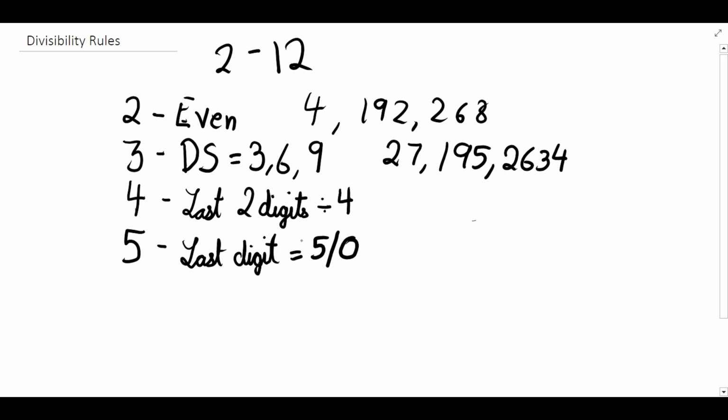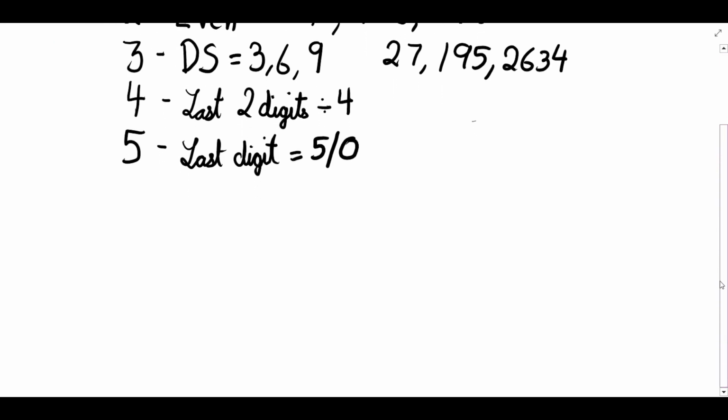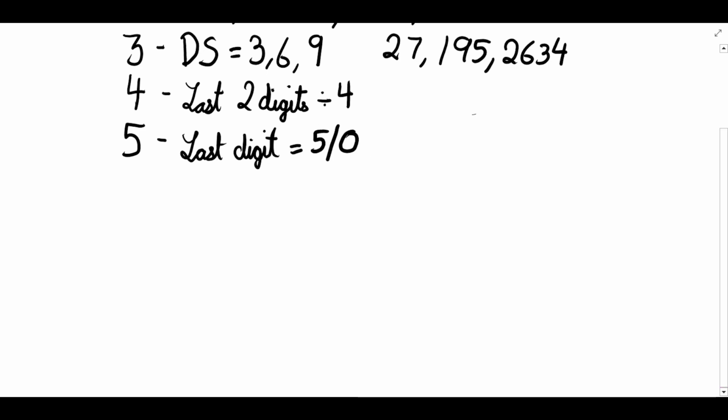One of the two. Doesn't matter what the other digits are. If the last digit is 5 or 0, then the whole thing is divisible by 5. I'm sure you've already learned all of these rules in your school.